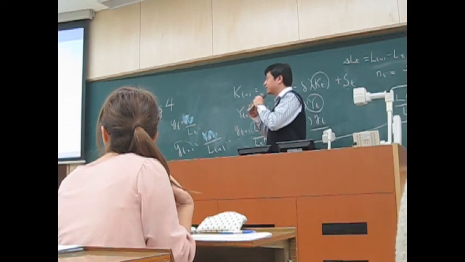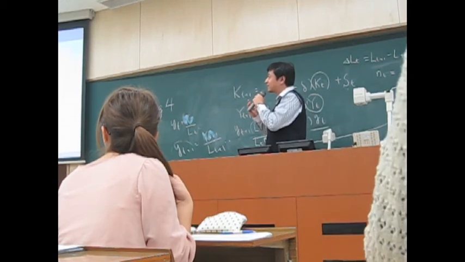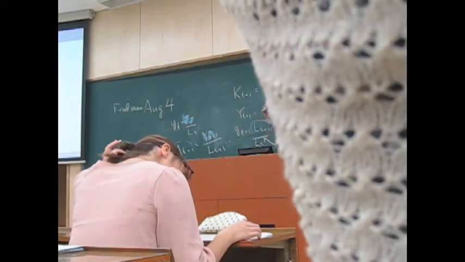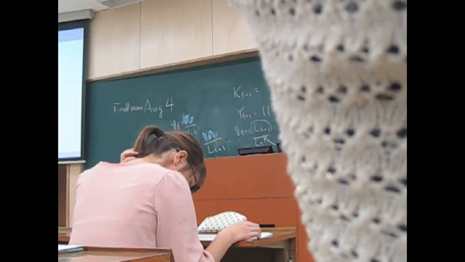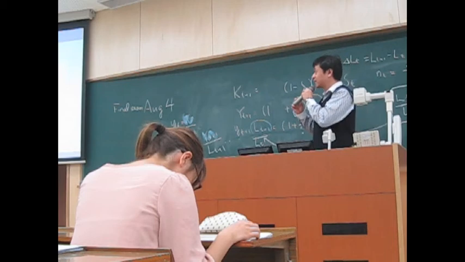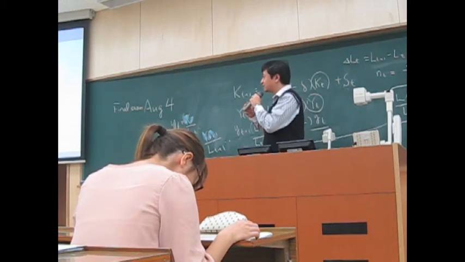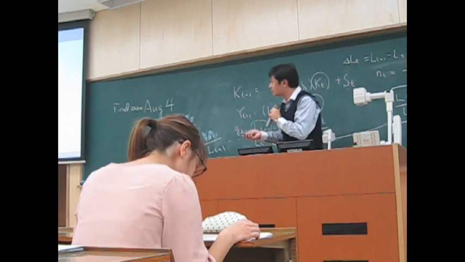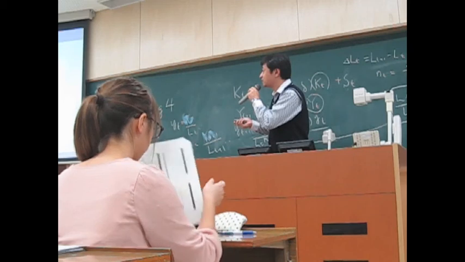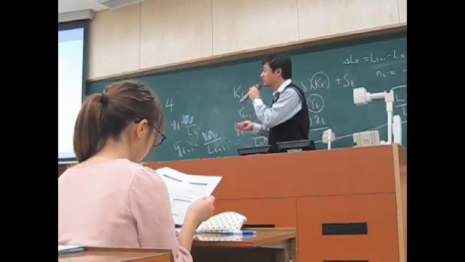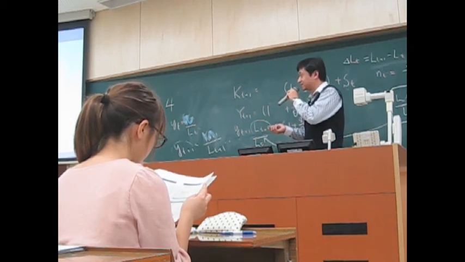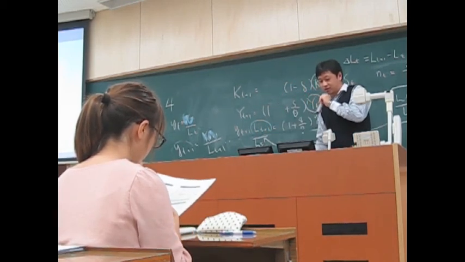We also define the lowercase y_t, output per worker, equals Y_t over L_t. We first divide both sides of equation 7 by L_t, and then we divide them by theta Y_t, and we get equation 8.